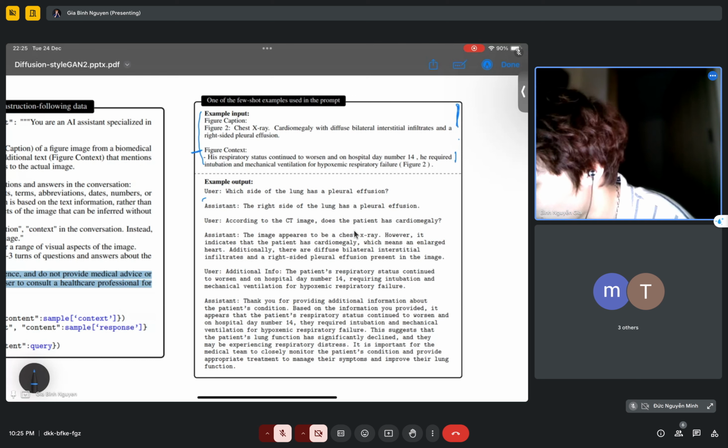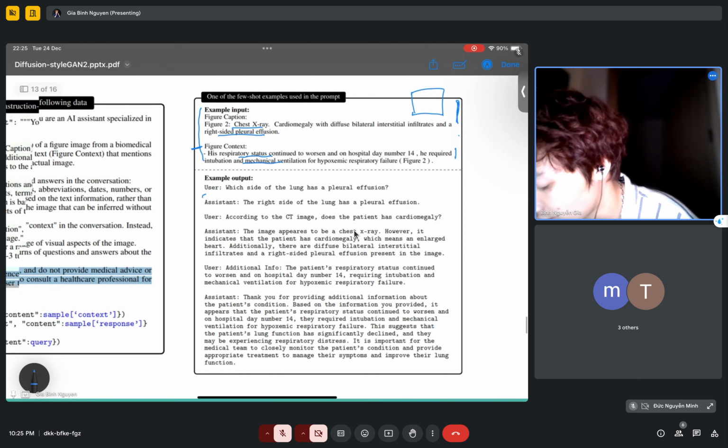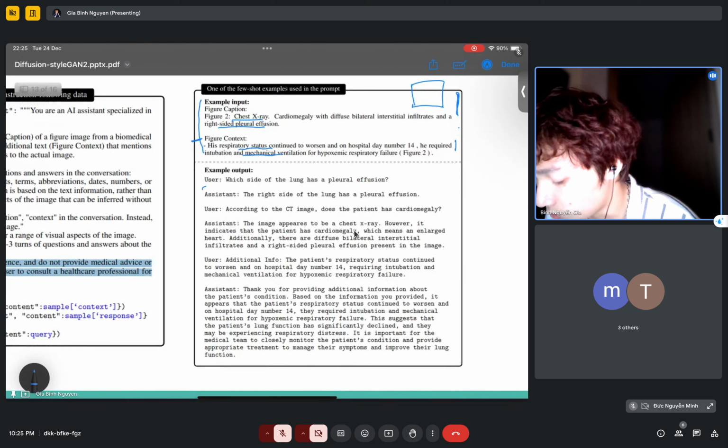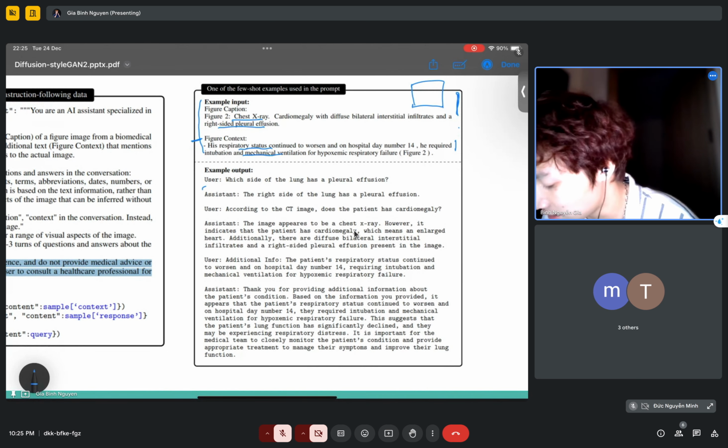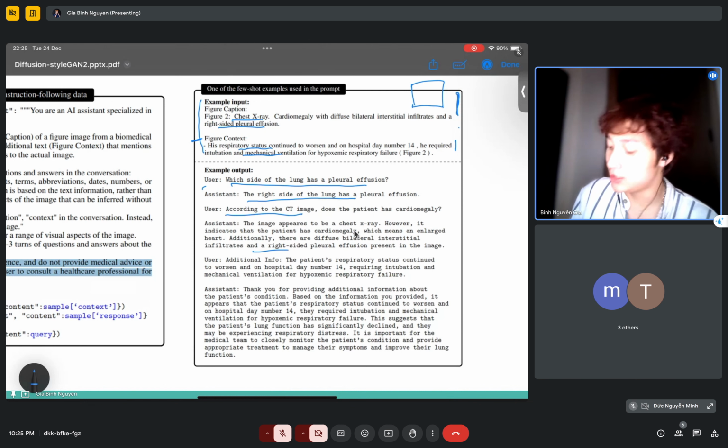For example, we have an image here, and here is the caption of the image, and here is some text that mentions or talks about this image, and the output of the model will be like that. We have the questions and the answers here.